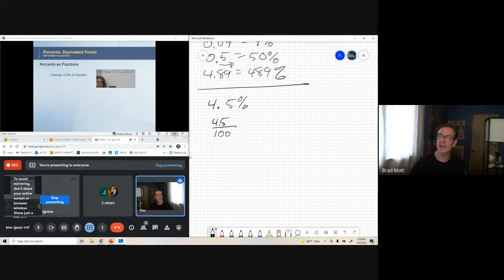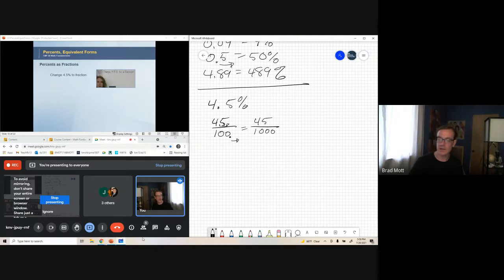So let's change that 4.5 to a whole number by moving that decimal place one place to the right. And we'll get 45. But of course, once you move the decimal place one to the right on 4.5, you also need to move the decimal place one to the right for the 100. So this now becomes 1,000. So 4.5 over 100 is the same as 45 over 1,000.